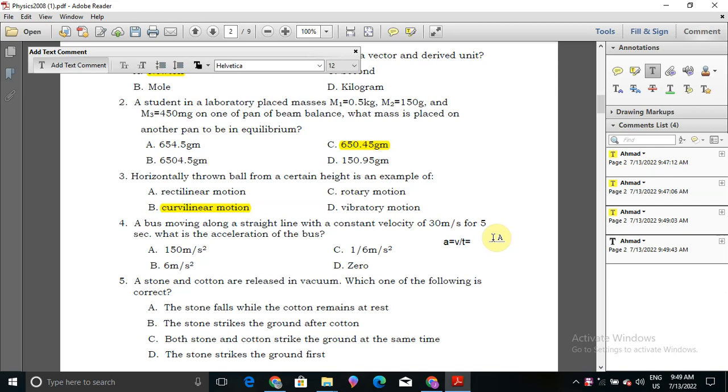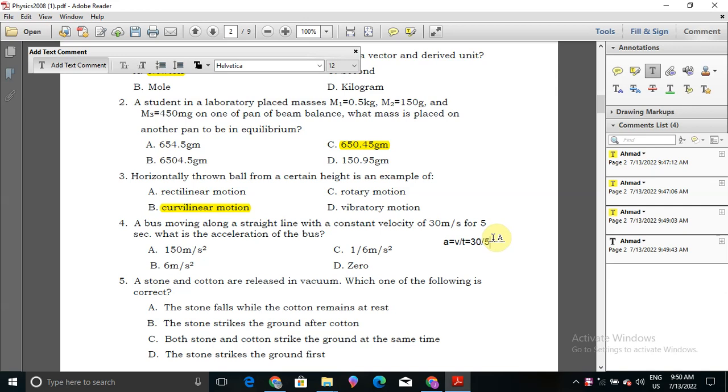What we have for V, which is velocity, will be 30, over 5, which is time.